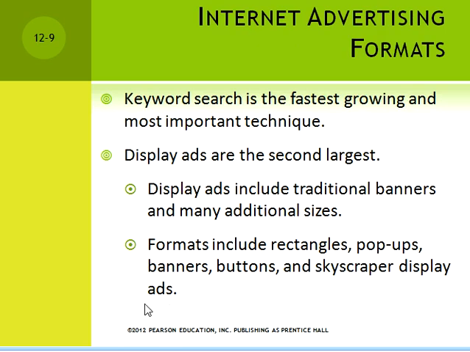Some of the internet advertising formats include the keyword search. This is the fastest growing and the most important technique. Display ads are the second largest. Display ads include the traditional banner and many additional sizes. Some of the display ad banners are shown on page 298 of your book. You will see that these are standardized ad sizes.